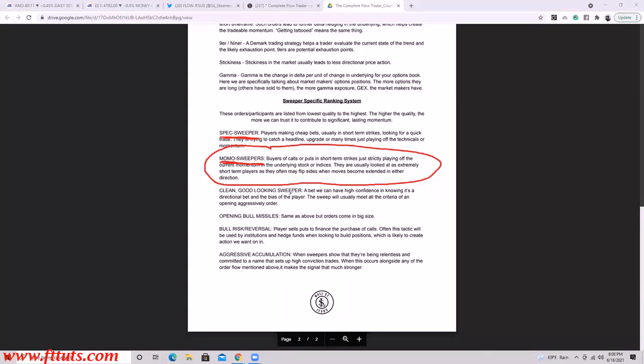And they're always in weeklies. You're lucky if you see them go out front month. Always short term. Okay, why? Because they're playing the momentum on the call side, or you'll see them in bear markets and down markets on the put side. We see them all the time. They're playing off the momentum.